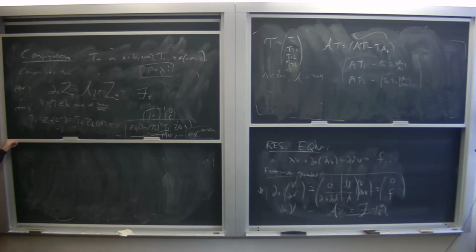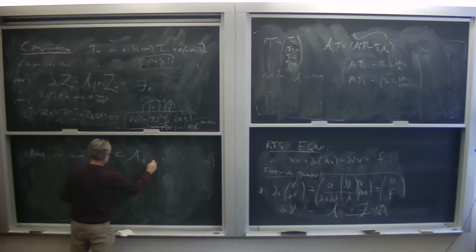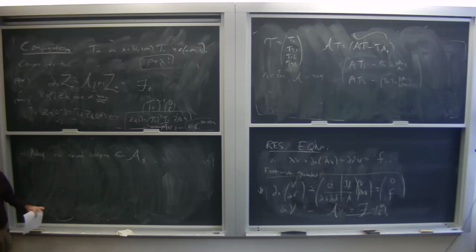Your A matrix must have a nice spectral gap, so we need no center subspace for the coefficient matrices in order to solve. And we'll see that quite explicitly when I write down the solution formula. But up to now, let's just take this for granted. We'll see why in a minute.